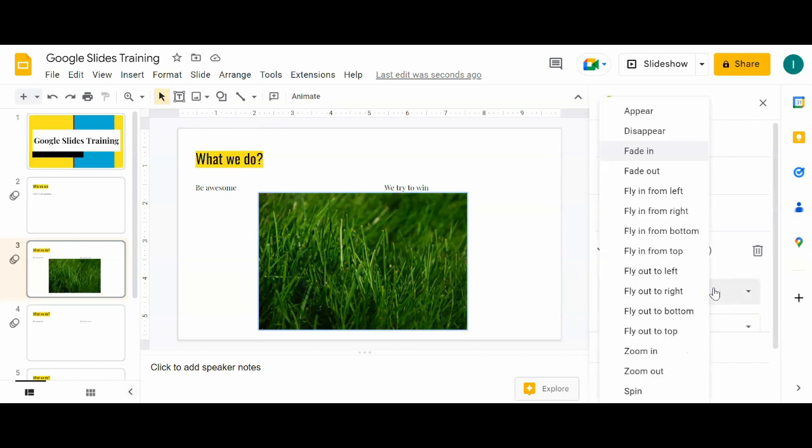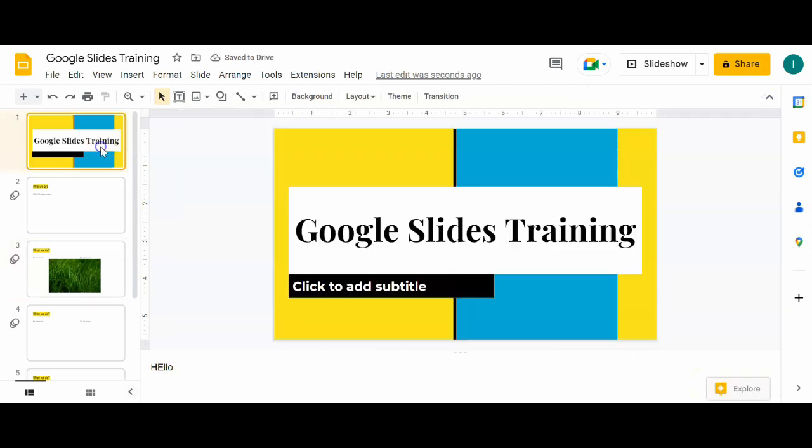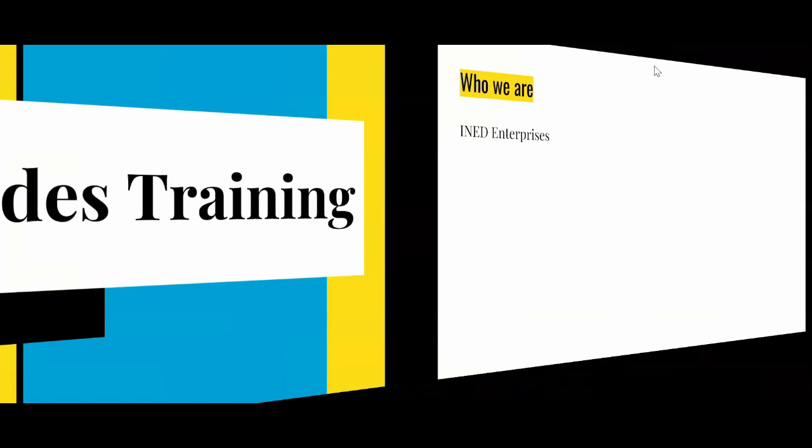Let's do fly out to the left. Now we're going to click on after previous. Right? So let's see how this goes. We're going to start this from the top. As you see, Google Slides. Transition. Oh.